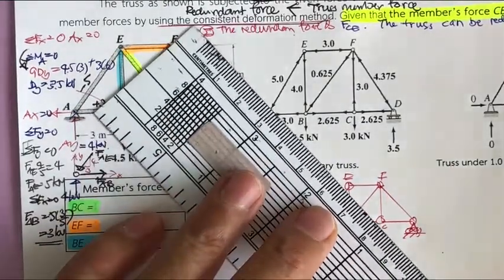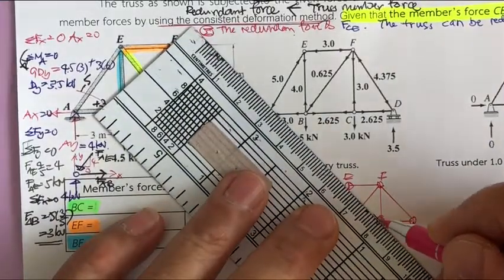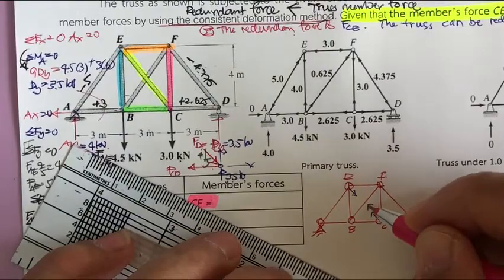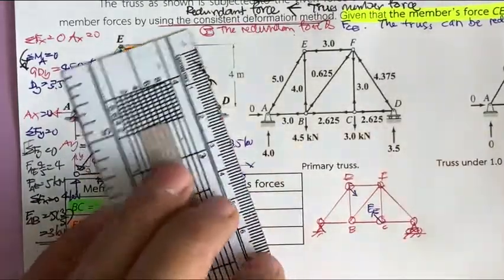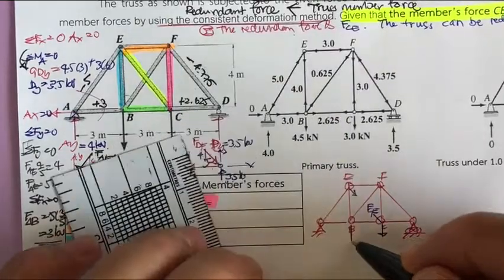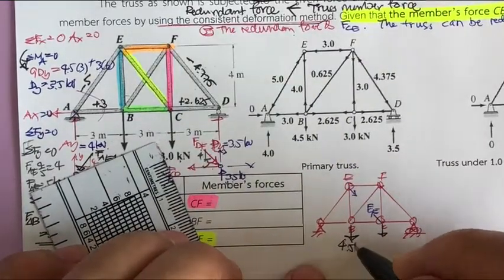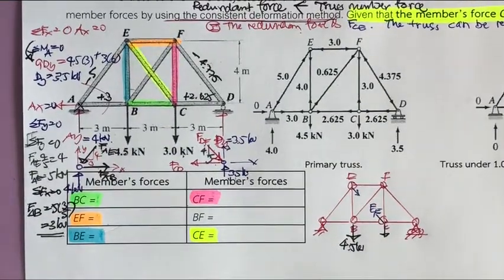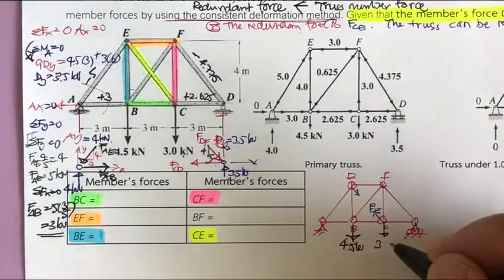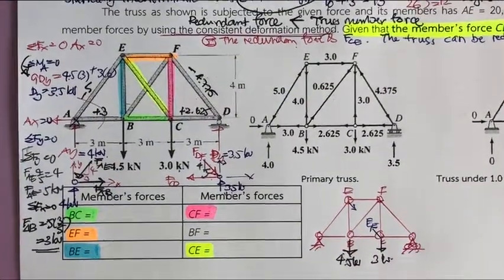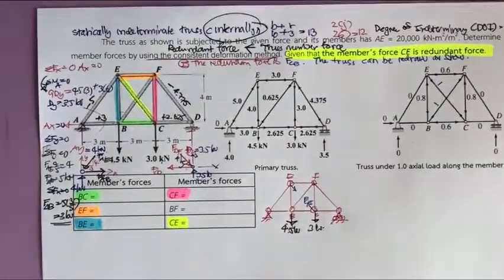However, you have this as the unknown, F sub CE, applied to your structure with respect to the given load of 4.5 kilonewton. And this one is 3 kilonewton. Okay, that's what we have for this one.